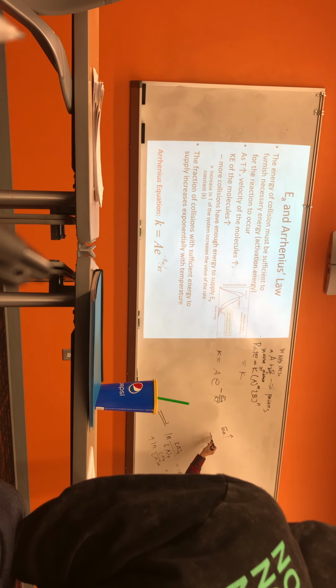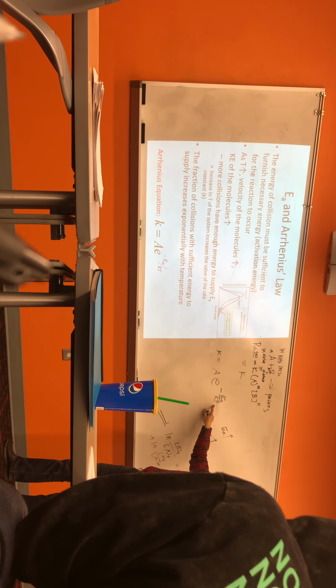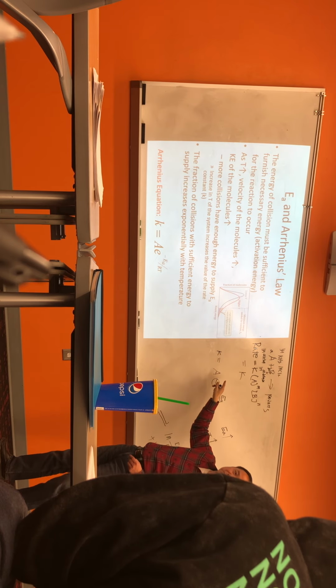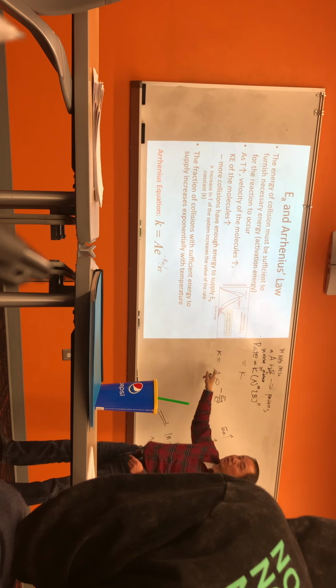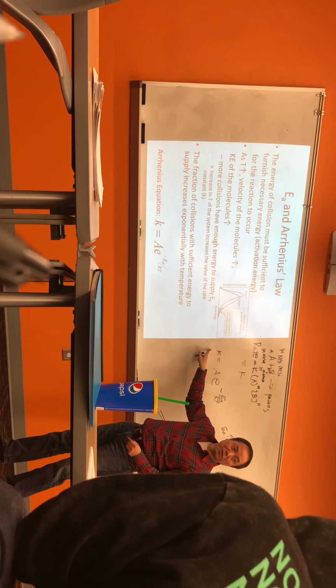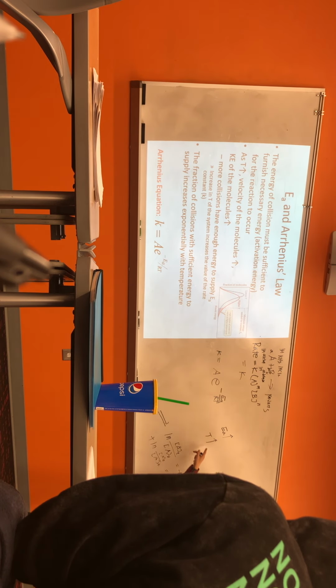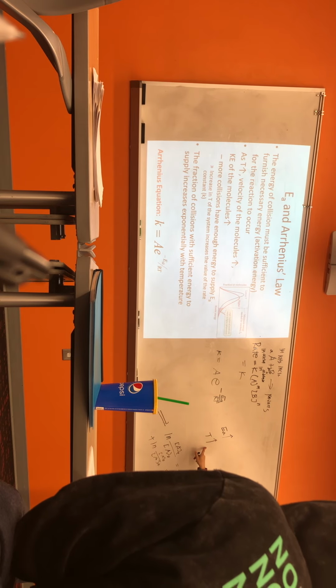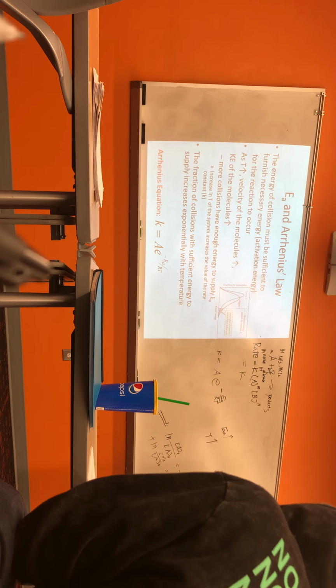And also if temperature goes higher, then this number will be smaller. A small negative number in the exponent means a bigger number, which makes K bigger. So at higher temperature, the reaction goes faster. That's why we have to put our food in the refrigerator. Keep the temperature low, so the reaction goes slow.